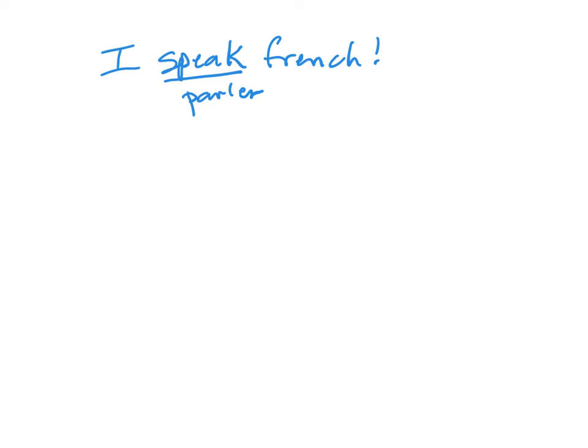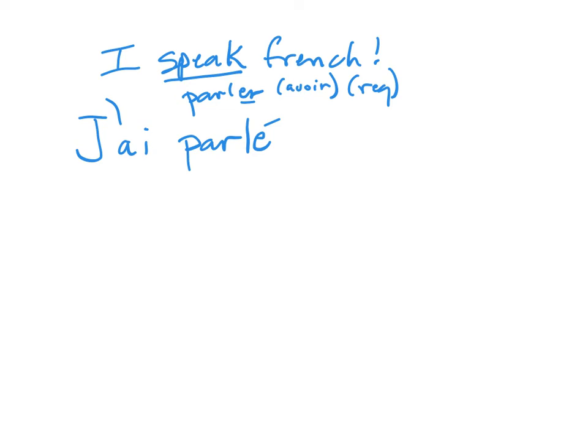So, parler is in the avoir house, so I make myself a little note in my head, and parler is a regular verb. So now I know, so I'm going to go avoir, and then I'm going to go regular, and then change my verb with the sunshine rays of Madame.